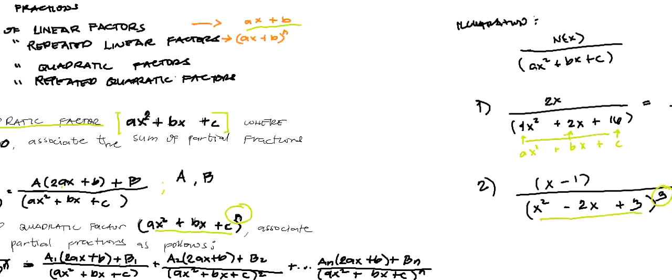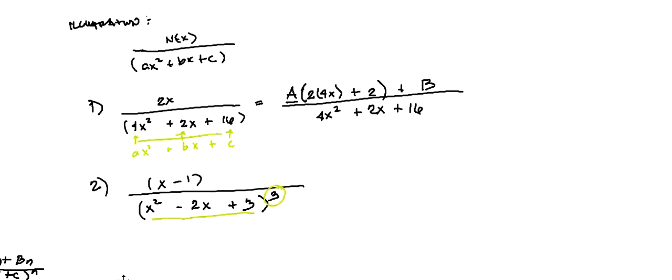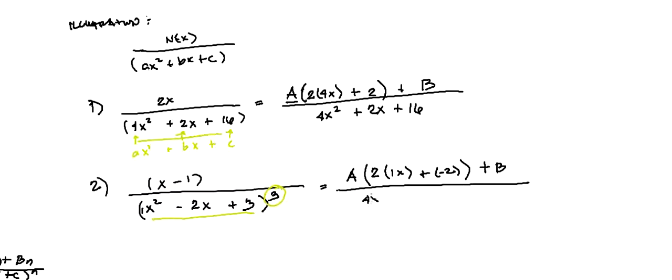By doing that, we have, say, a times 2, our a here is 1, so 1x plus our b is negative 2, plus b, all over x squared minus 2x plus 3.